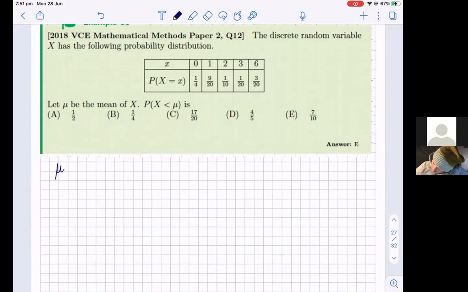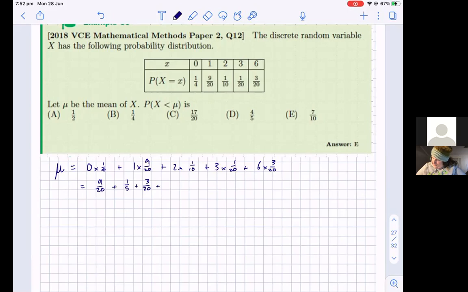So the mean is 0 times a quarter plus 1 times 9/20 plus 2 times 1/10 plus 3 times 1/20 plus 6 times 3/20 equals 9/20, 1/5, 3/20, and 9/10 gives us 17 on 10.